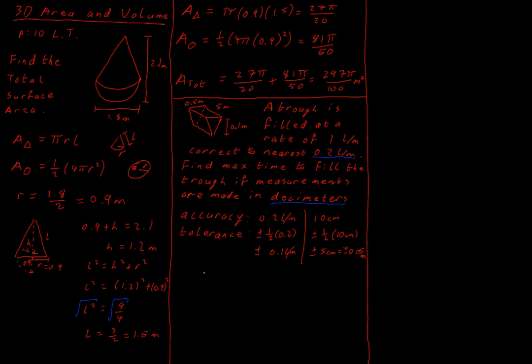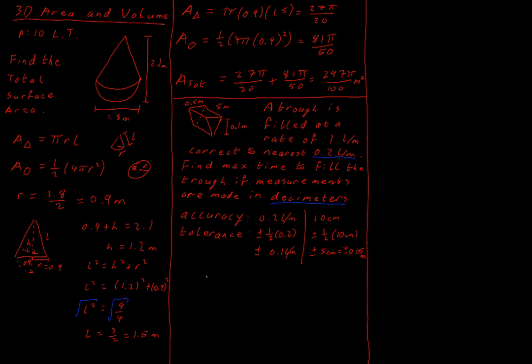So let's put this into practice now. We want to know the maximum time that it might take to fill this trough. Well, this is a purely reasoning question. We have to think about physically what would happen to maximize the time that it would take to fill the trough. Well, if the trough was bigger, it would take longer to fill. And if the flow rate was slower, if the water was coming slower, it would take longer to fill.